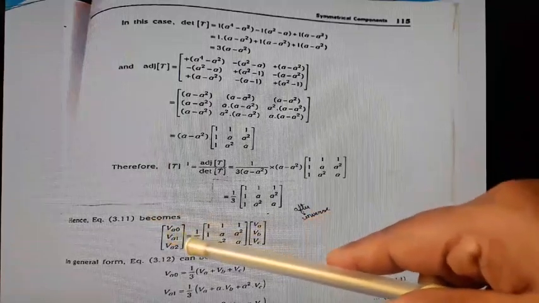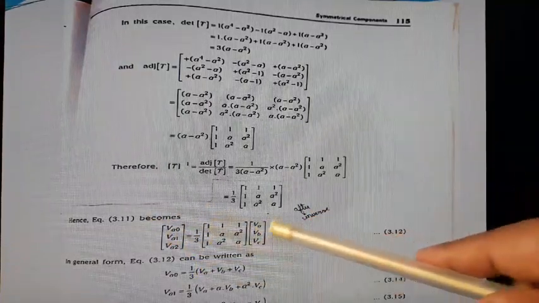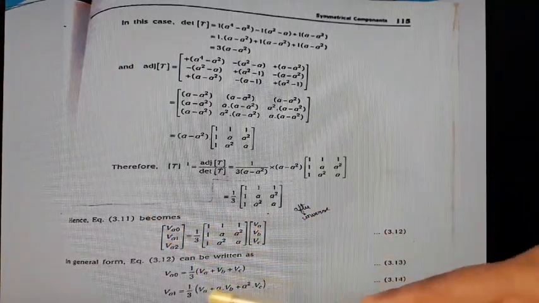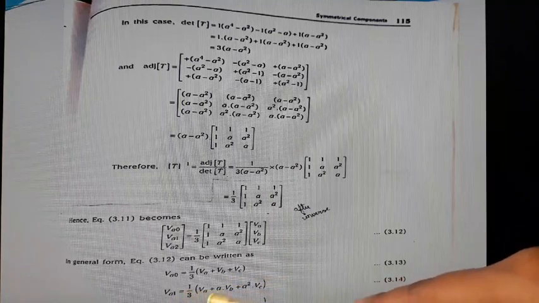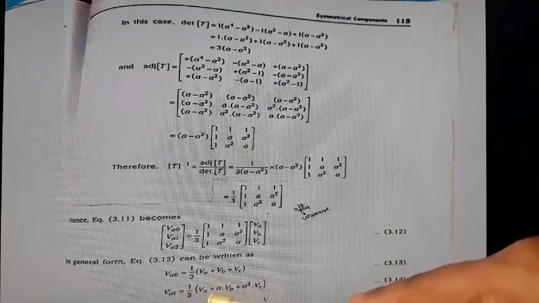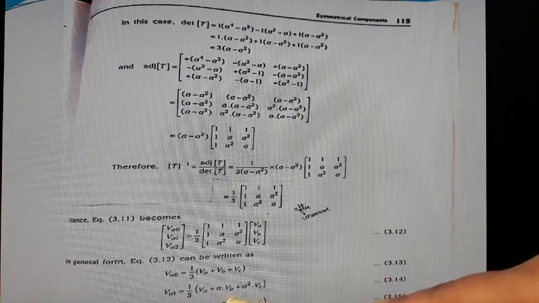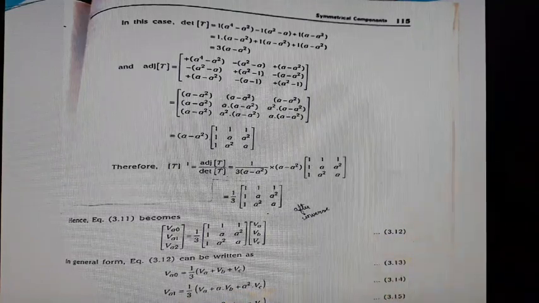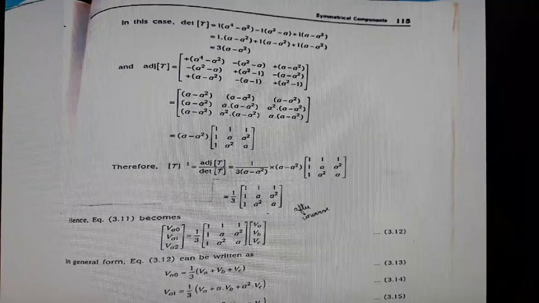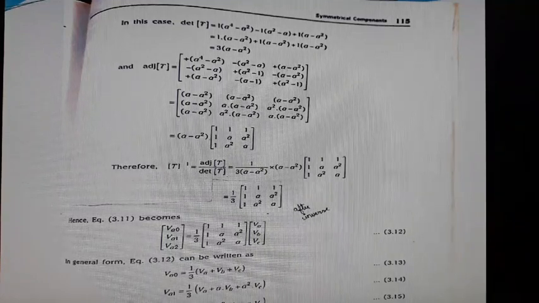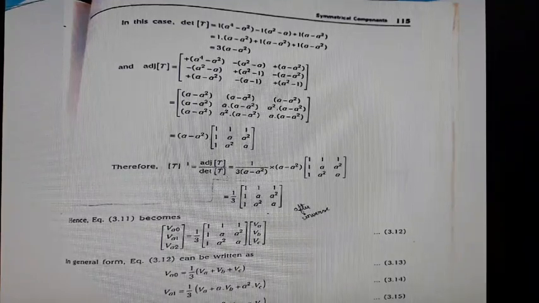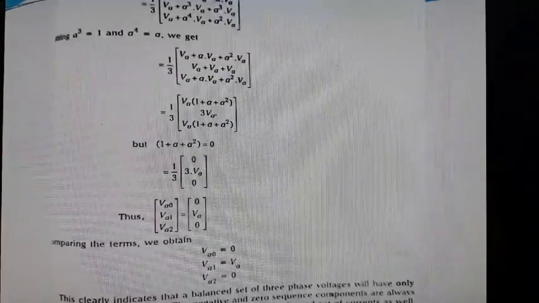That is IA0 is equal to 1 by 3 times IA plus IB plus IC. IA1 is equal to 1 by 3 times IA plus A IB plus A square IC. So wherever V is there, we replace it by current.